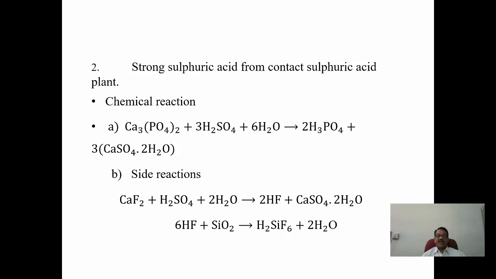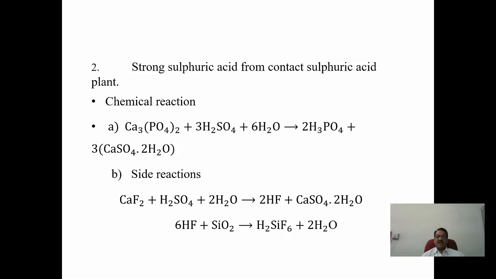Side reactions also take place because of variations in the process conditions and also the other impurities present in the rock phosphate. Rock phosphate also contains calcium fluoride, which reacts with sulfuric acid and water.